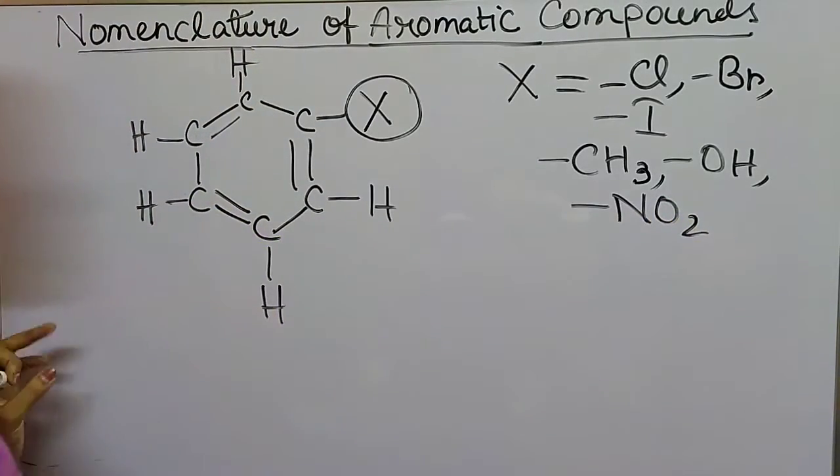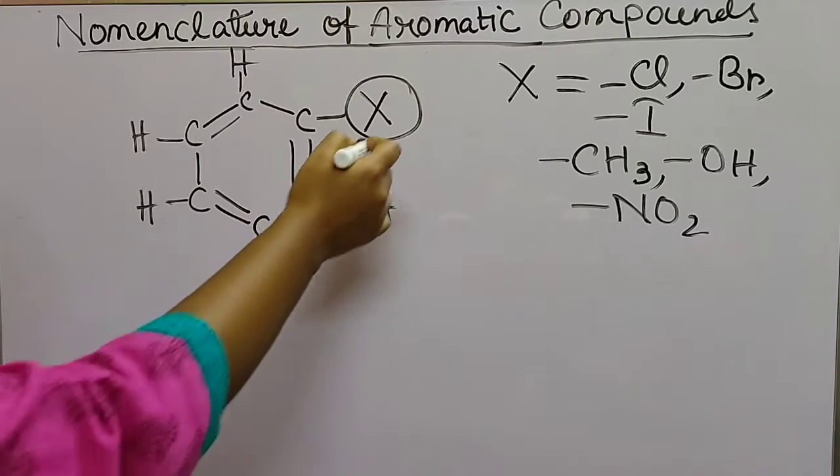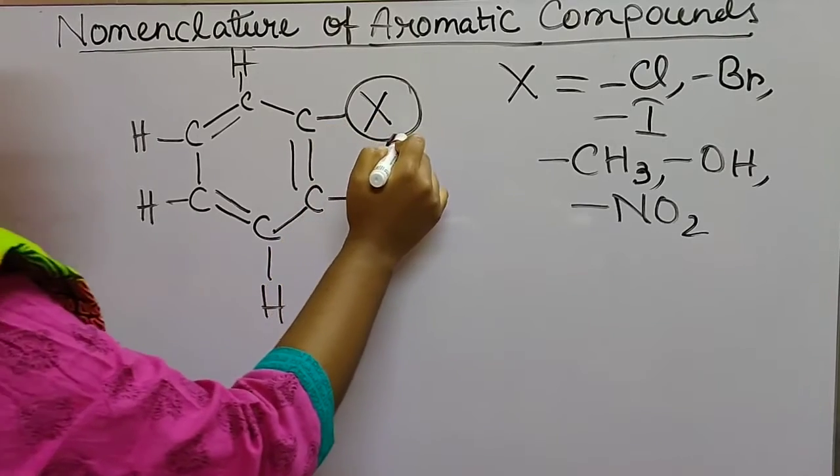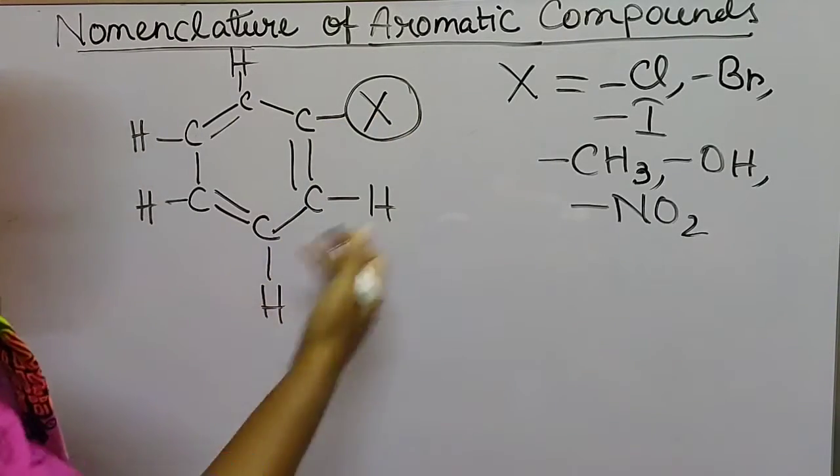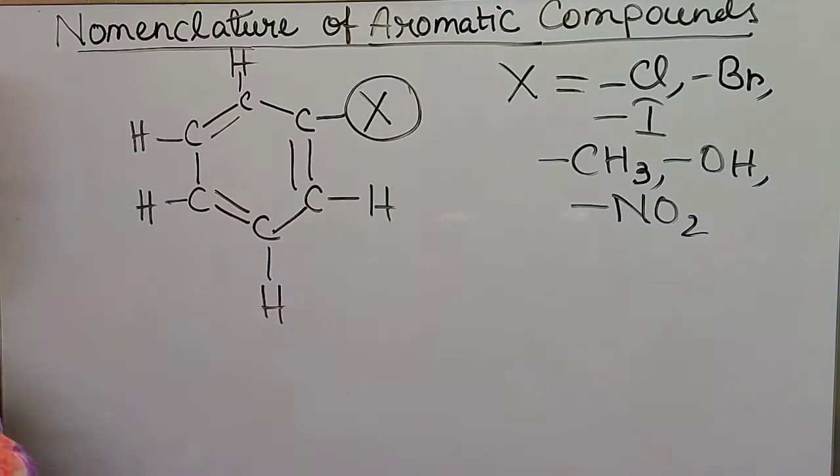These atoms or groups of atoms, which are called radicals, could be added to any carbon of the benzene ring. When only one atom or group of atoms is connected with the benzene ring, it is called monosubstituted, because mono means one. That means one hydrogen atom has been substituted by that atom or group of atoms.